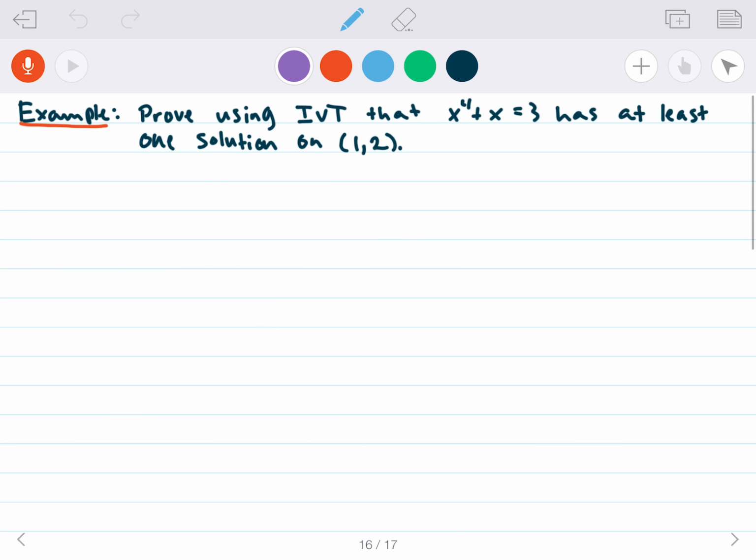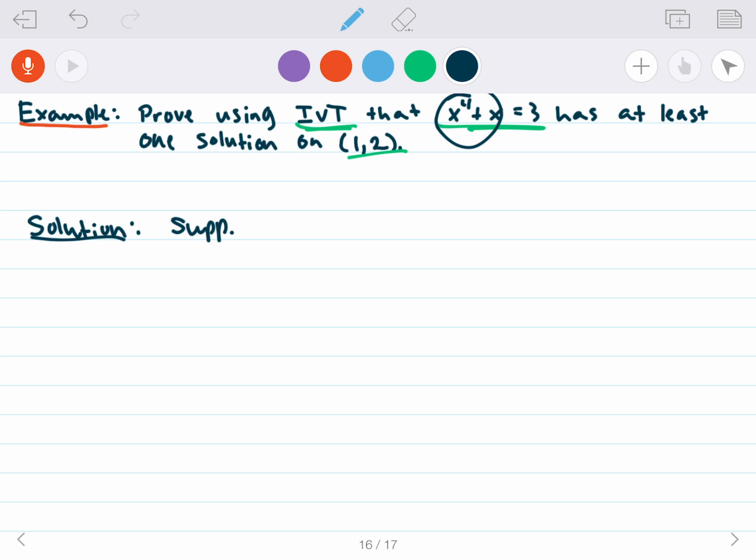So let's do some examples where we can actually apply the intermediate value theorem to some problems. So we want to use the intermediate value theorem, IVT, to show that x to the fourth plus x equals 3 has at least one solution on [1, 2]. Okay, so here's our answer. We're going to let our function equal x to the fourth plus x.